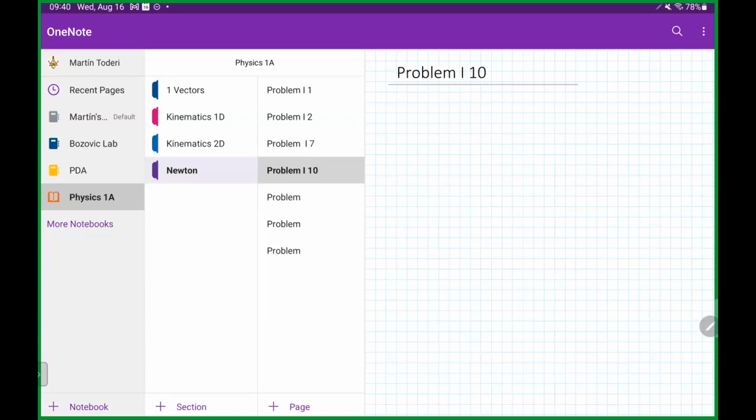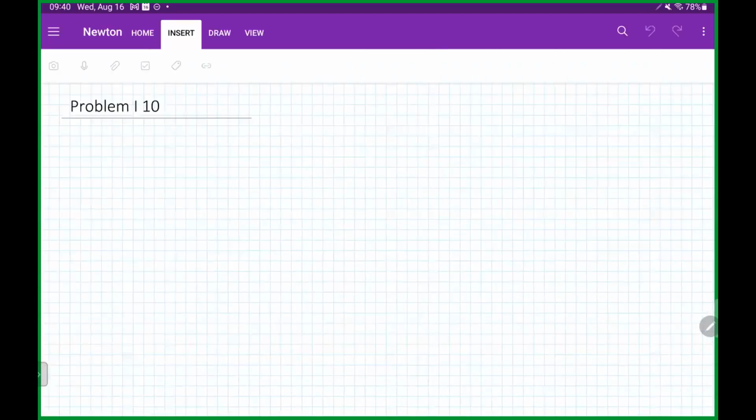Let's read the problem. It says a man of mass 70 kilograms is standing in an elevator. What force does the man exert on the elevator floor when it's moving? In this case, we will have a particle, the person, an object that is moving, right?